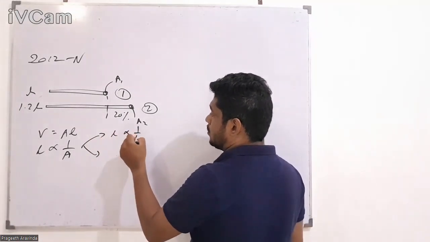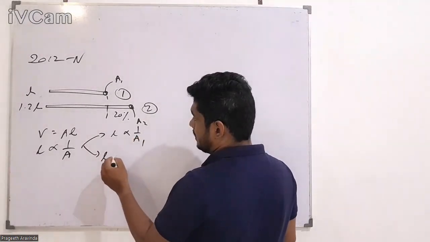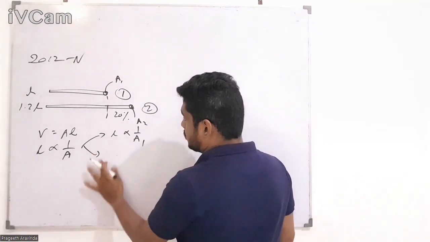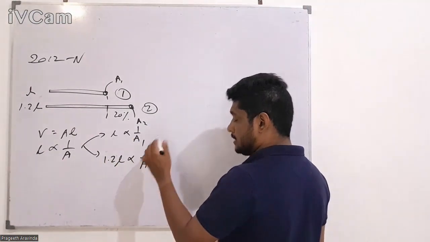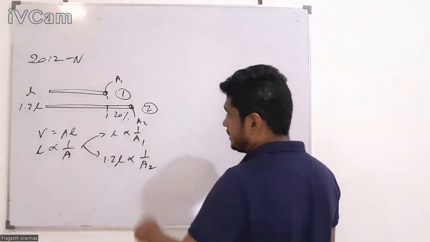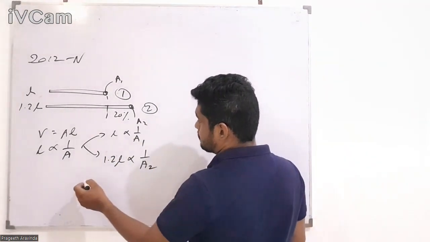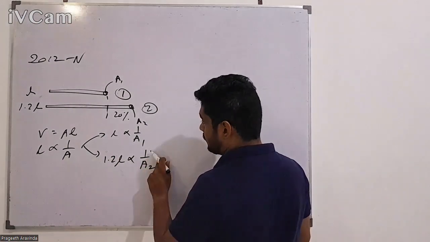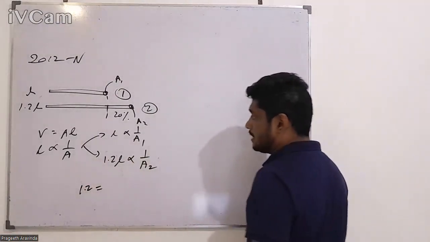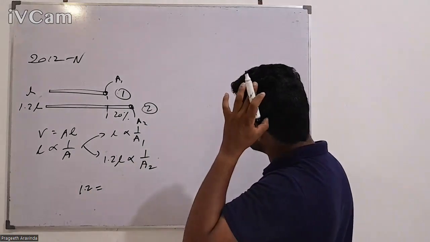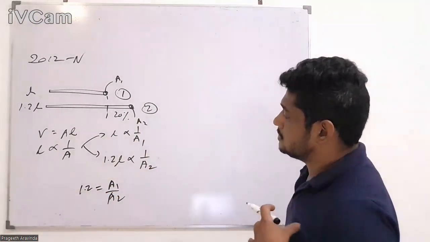L is directly proportional to 1 over A1, and 1.2L is directly proportional to 1 over A2. So now you can divide these two to get a ratio between A1 and A2, right? So 1.2 equals A1 over A2.